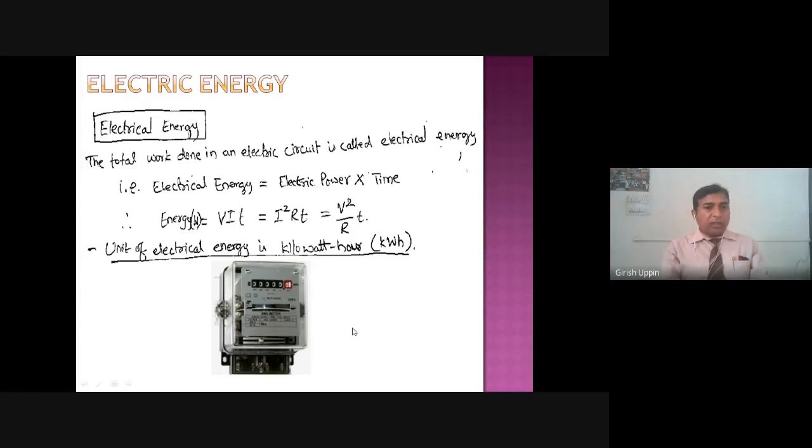The energy meter, everybody must have seen in your house, right? Inside your house you have different devices with different power. An LED bulb has 9 watt, 10 watt, 20 watt. Your TV has a certain amount of power. Your laptop's power requirement is different.